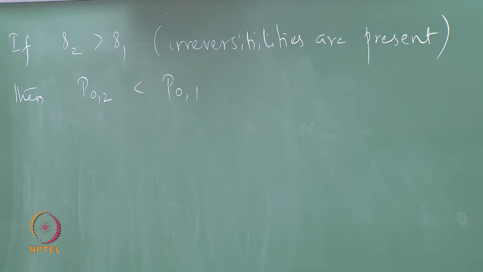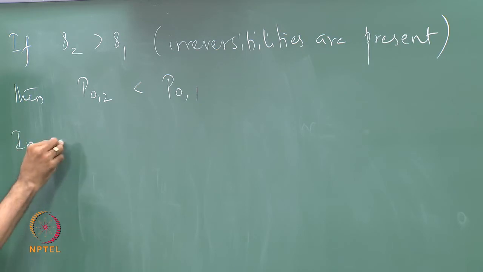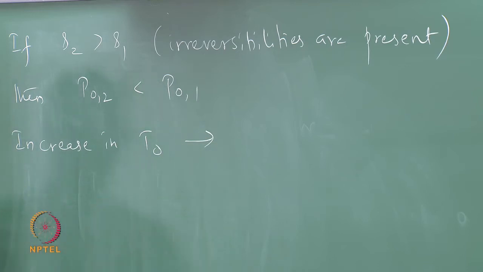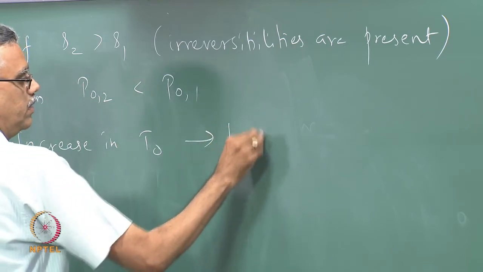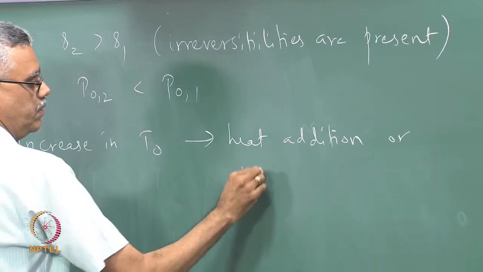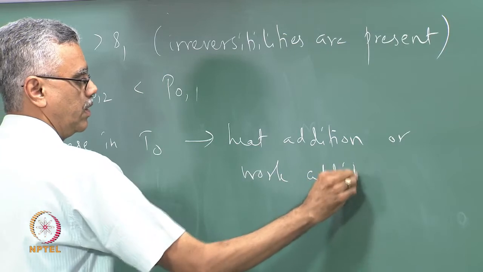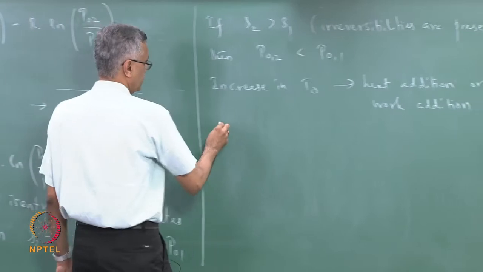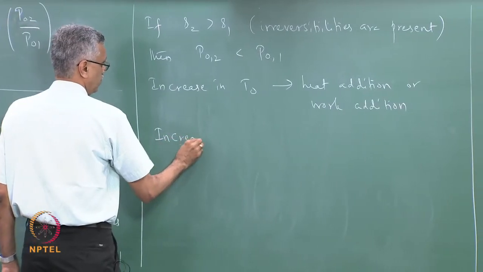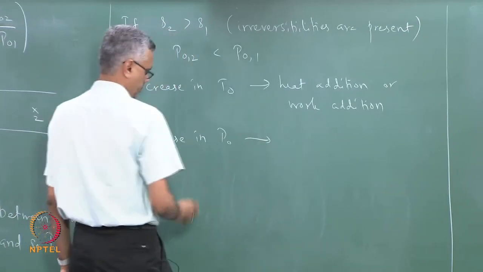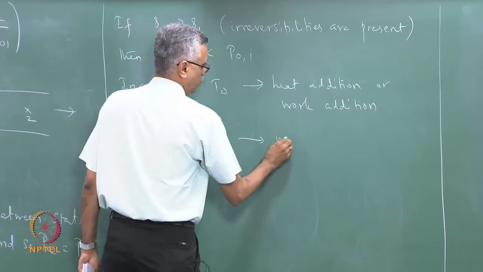And if you recall, we said earlier that increase in stagnation temperature, let us write it down, increase in T0 is possible through heat addition or work addition. And similarly, increase in P0 is also possible only through work addition.